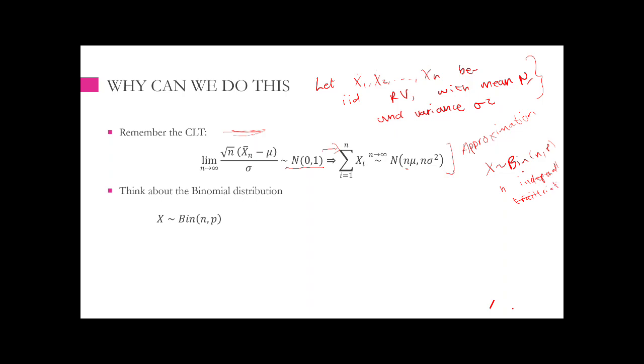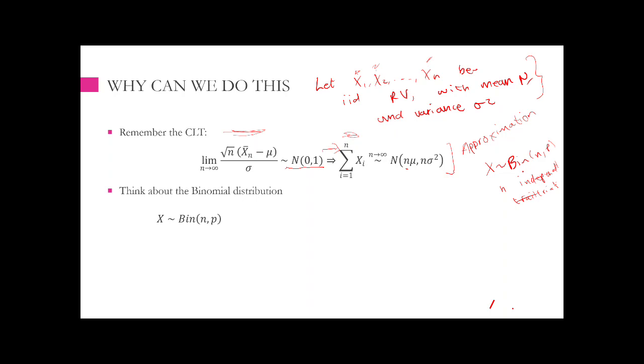So if we think of our n independent trials, we can think of each of those trials as a particular random variable. Each of those n independent trials becomes our x1, x2, up to xn, and then the sum would be our x. Let's say x is binomial with n equal to 10.